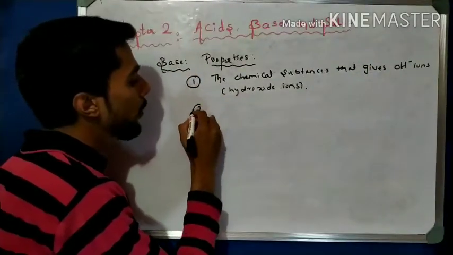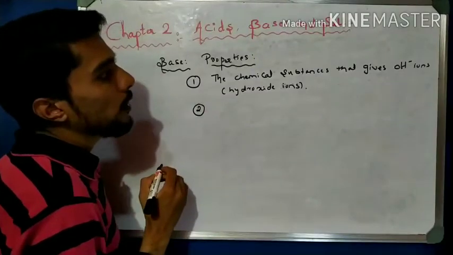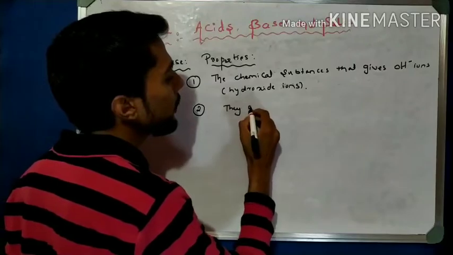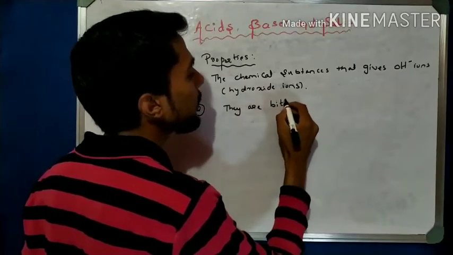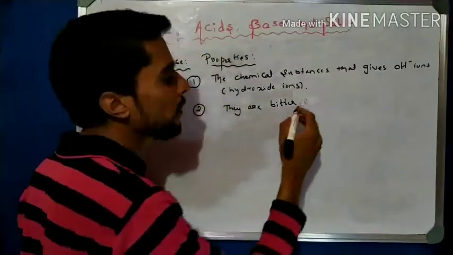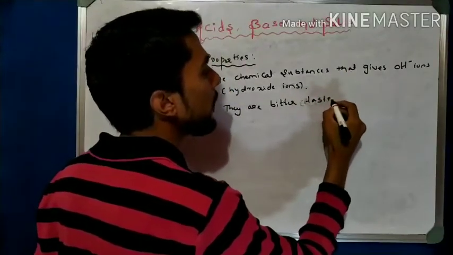Coming to the second property about base: they are bitter in taste. Acids have a sour taste, so bases are bitter in taste.